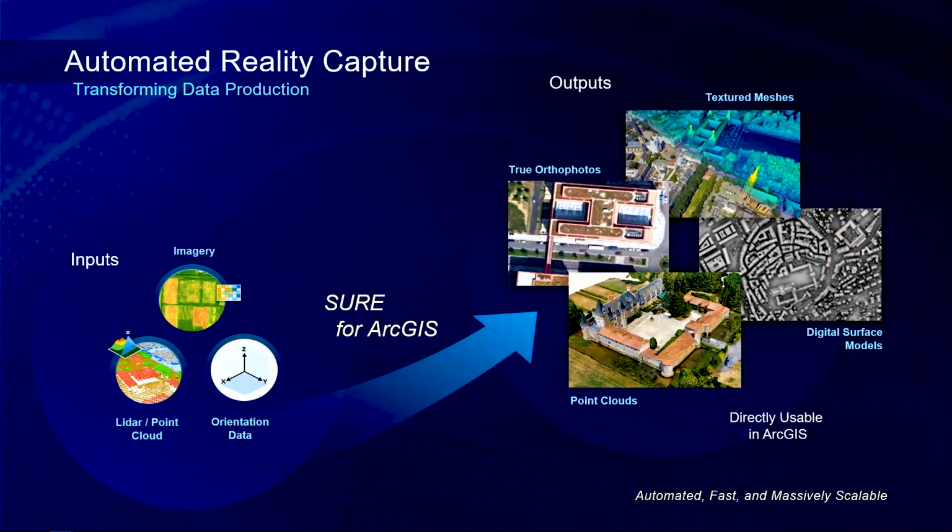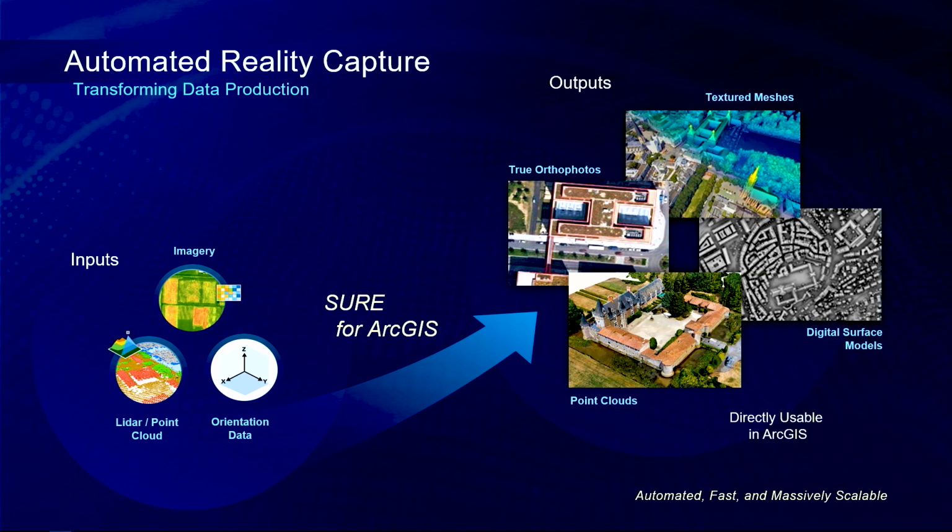Reality capture is an area of great interest at the intersection of imagery and 3D GIS. This is about the ability to create mapping products. These are point clouds, DSMs, true orthos, and textured or integrated meshes, as we call them, through the photogrammetric processing of imagery as well as LiDAR data.